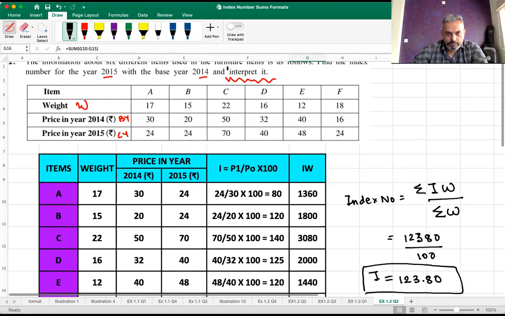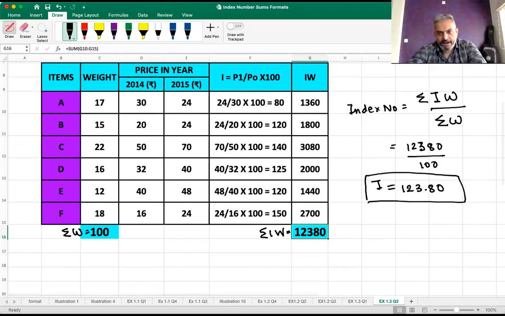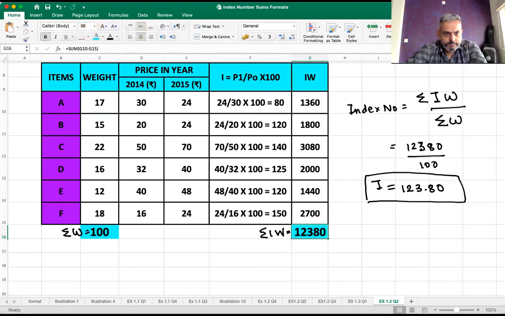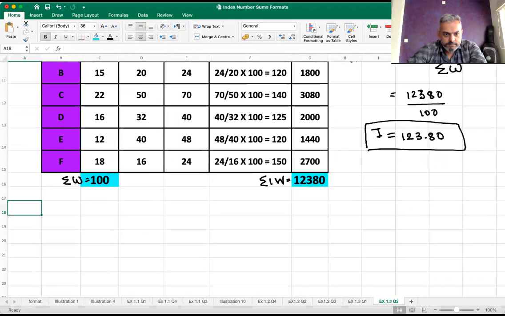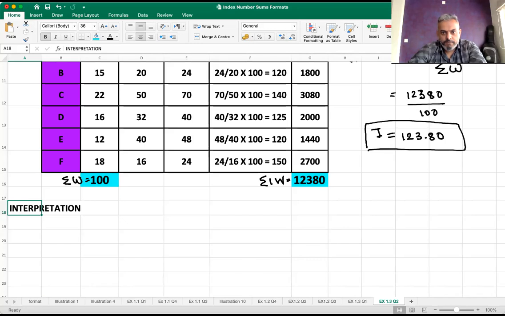Is the sum over? No, sir. Interpretation. So let's write the interpretation. Now let's interpret it.